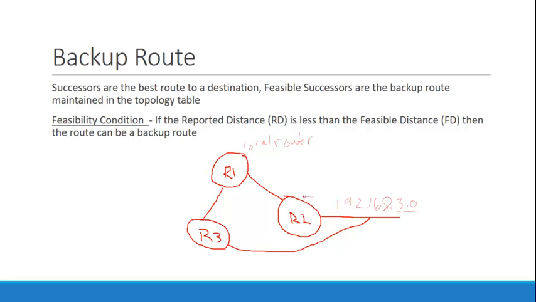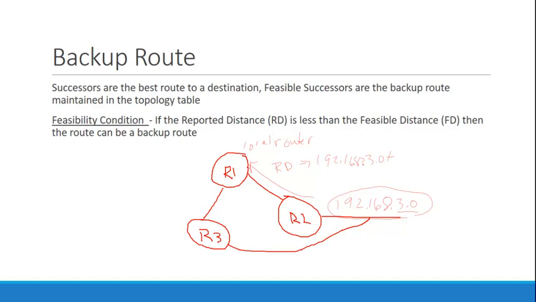So when he sends an update, he reports his distance to the 3.0 network. Whatever R2's distance is to this network is sent to R1.